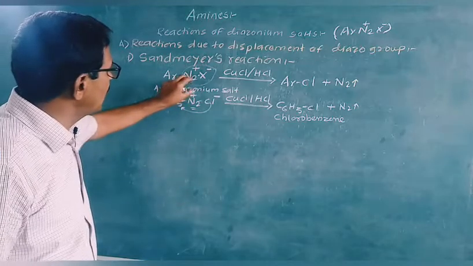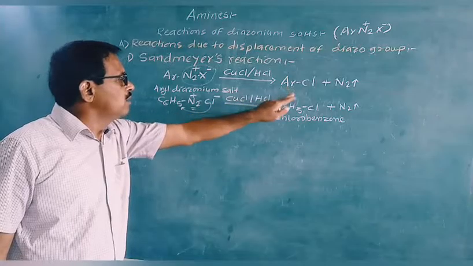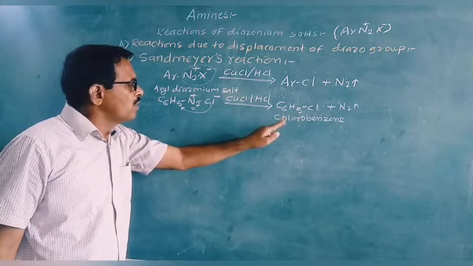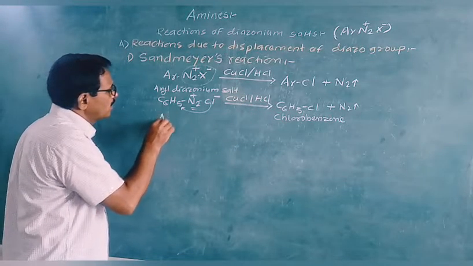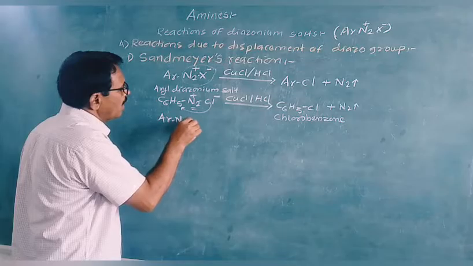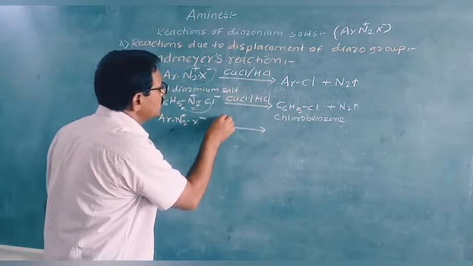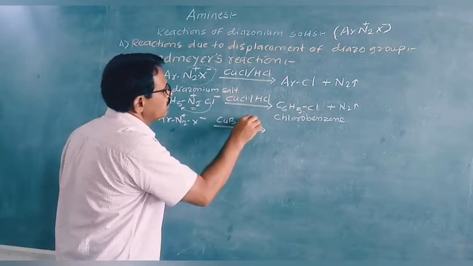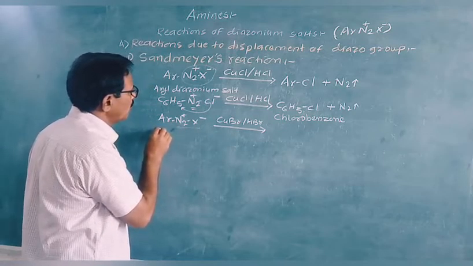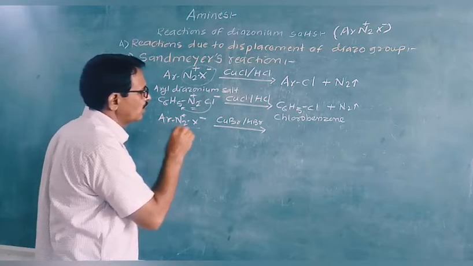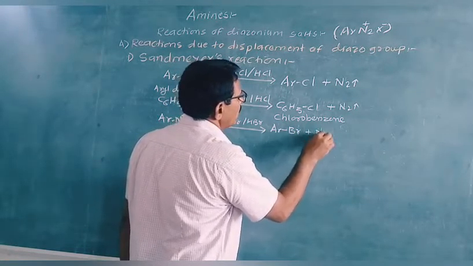Similarly, we can prepare bromobenzene. For that purpose, ArN2X, the aryl diazonium salt, is treated with CuBr and HBr. The N2X group is replaced by bromine and it gives ArBr plus N2 gas.